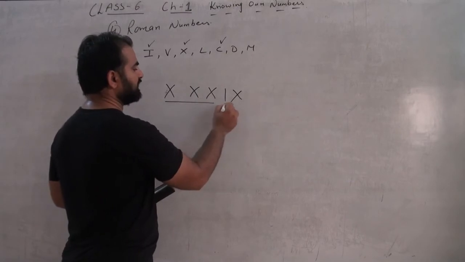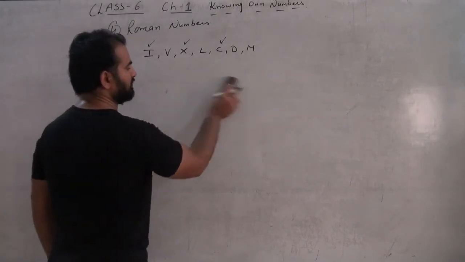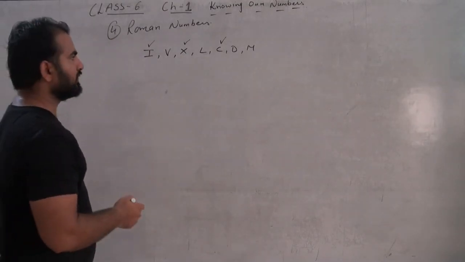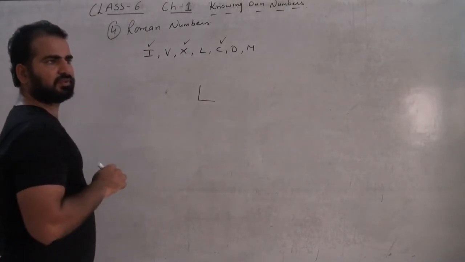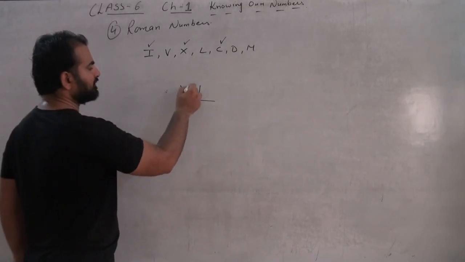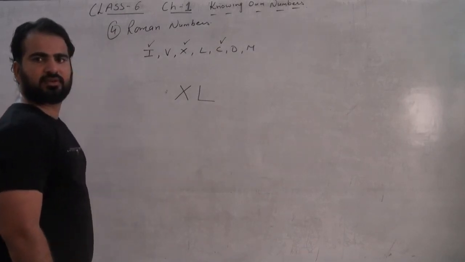This is 30 and 9. Okay. Next, how to write 40? To write 50 we use L, and we can subtract 10 from it. It will be XL. Done?